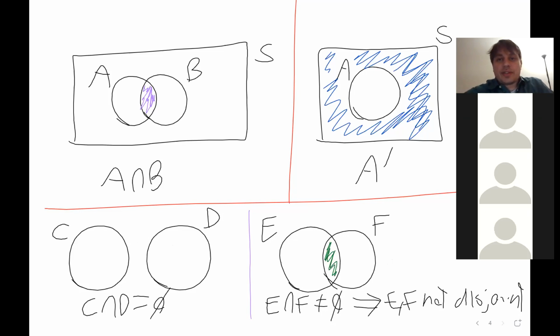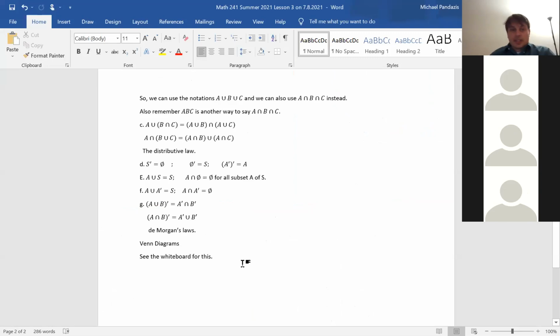Okay, so that's the stuff I wanted to talk about with Venn diagrams here. And one more thing for this section. We use results, outcomes, and events interchangeably to mean the same thing.